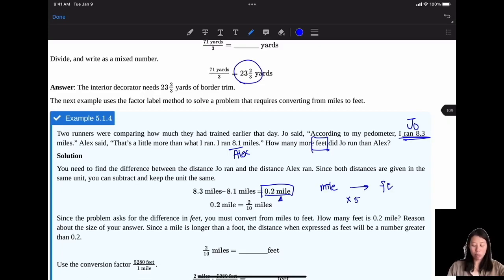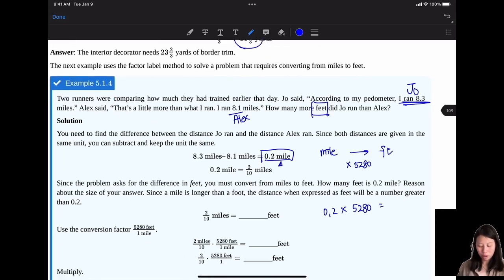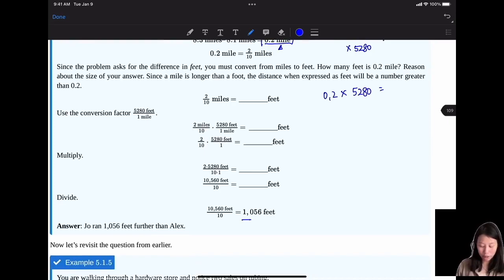So in this case, 1 mile equals to 5,280 feet. So that means we want to use the miles times 5,280. So we have the feet. So we have 0.2 times this. So that they will have 1,056 feet. So that means Joe ran 1,056 feet further than Alice.